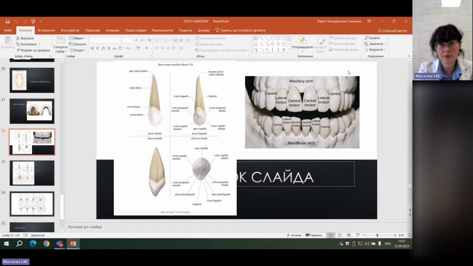First of all, you have to remember that there exist the maxillary arch and the mandibular arch. Each arch consists of the same kit of teeth.